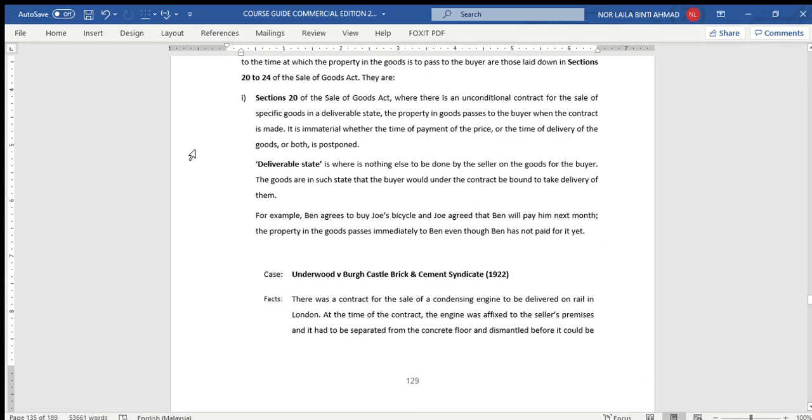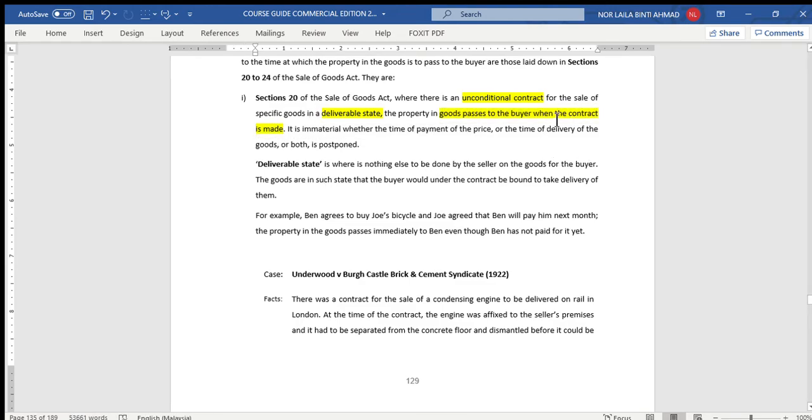Alright, first, in section 20 of the Act, where there is an unconditional contract for the sale of specific goods in a deliverable state, take note, this is for an unconditional contract, the property in goods, here referring to ownership, passes to the buyer when the contract is made.